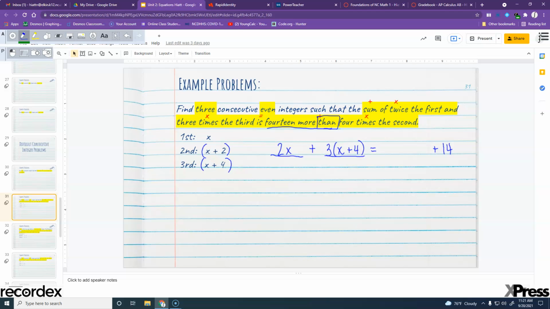So 14 more than 4 times the second. So it'll be 4 times what? X plus 2. Whew. Makes a pretty big equation that you have to deal with here.